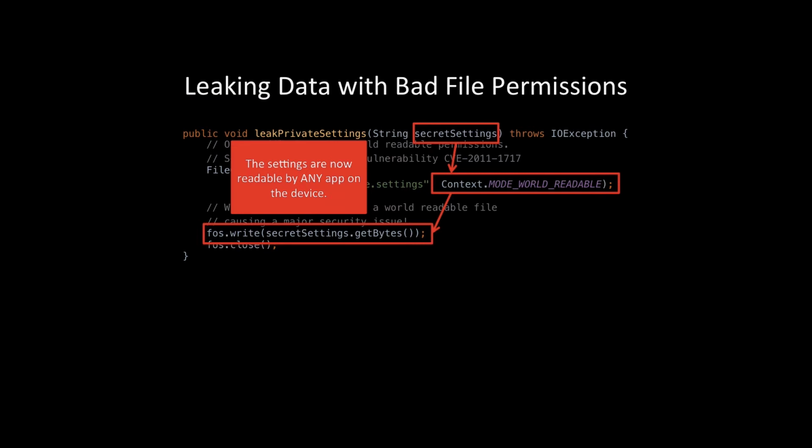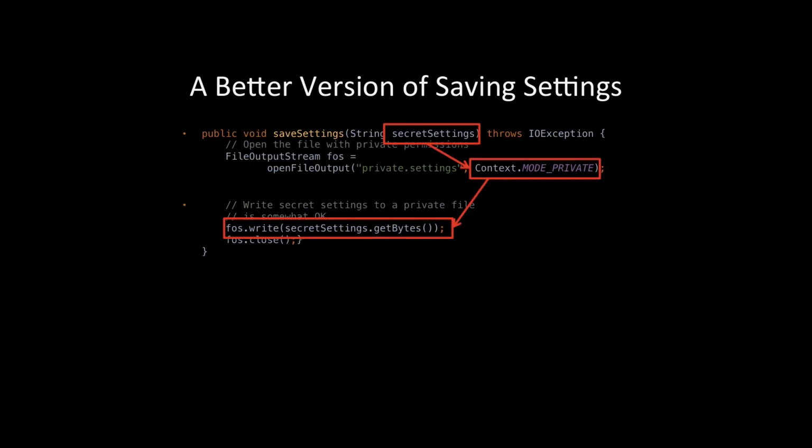If the answer is no, we don't want that data accessed by any other app on the device, that data isn't something that should be public, then we need to rethink how we're saving that data. The way that we really should have been implementing this save settings mechanism, if we wanted to keep those settings private to that app, is we should have used mode private, which tells Android that that data is private to your application and should not be shared.